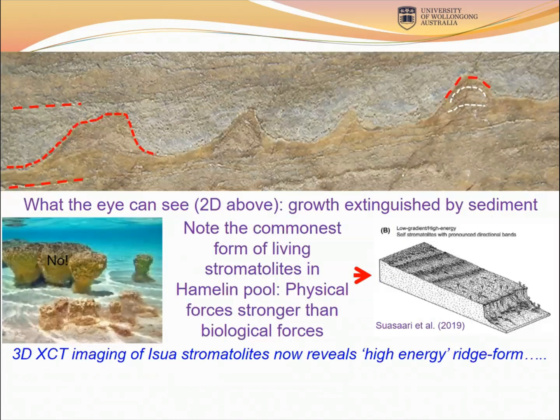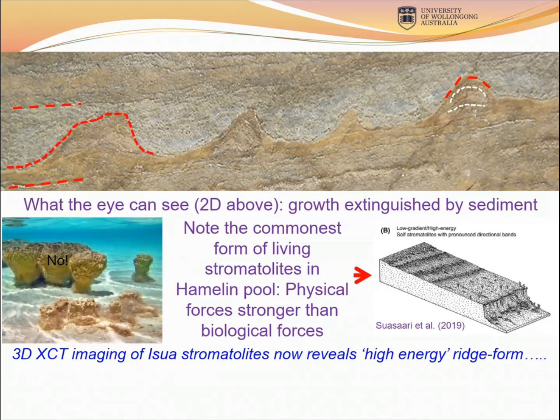So we've only got 2D sections on the outcrop through the stromatolites. And a lot of people think of stromatolites like the lumps there in the bottom left, but in fact a lot of stromatolites don't look like that. They'll actually look more like ridge-like forms.